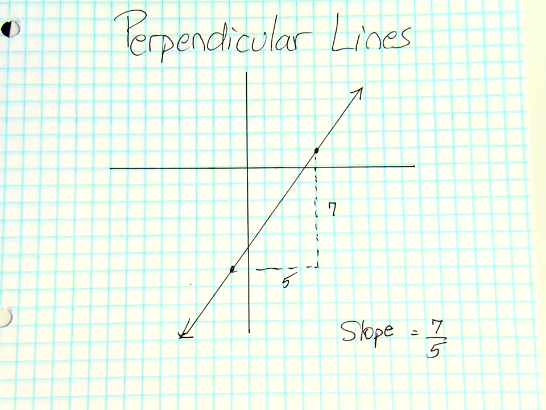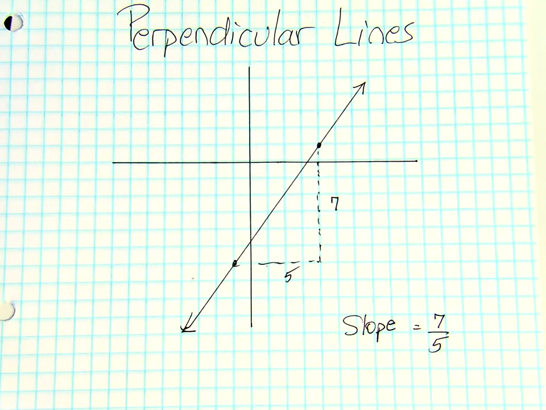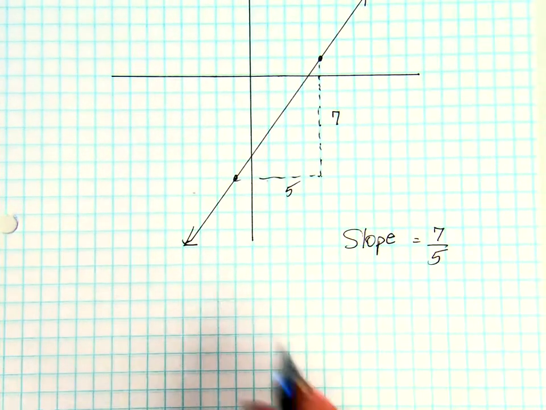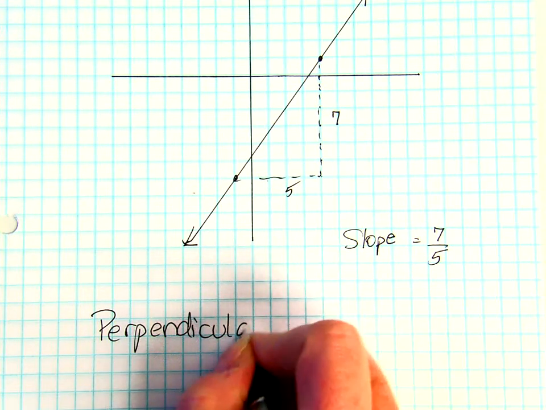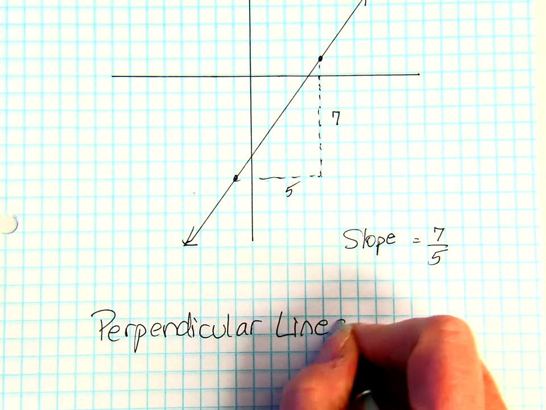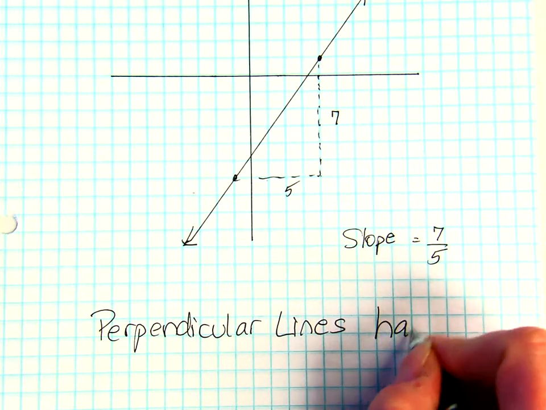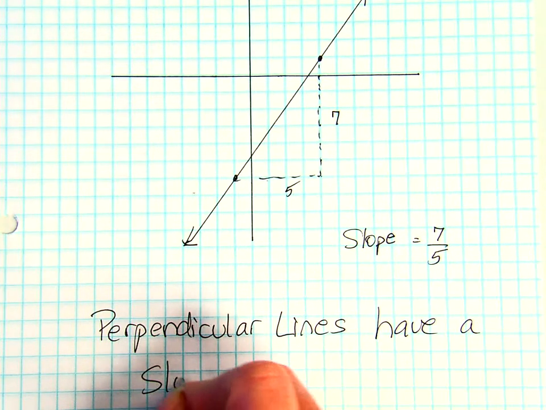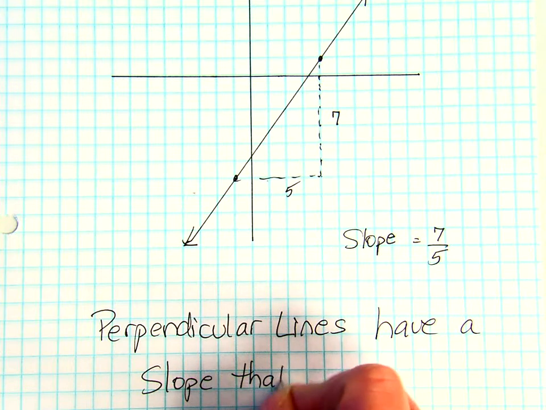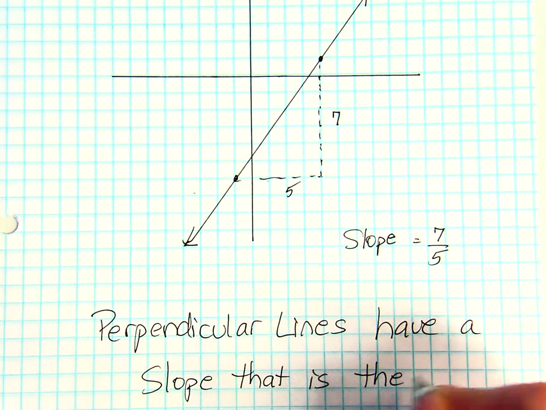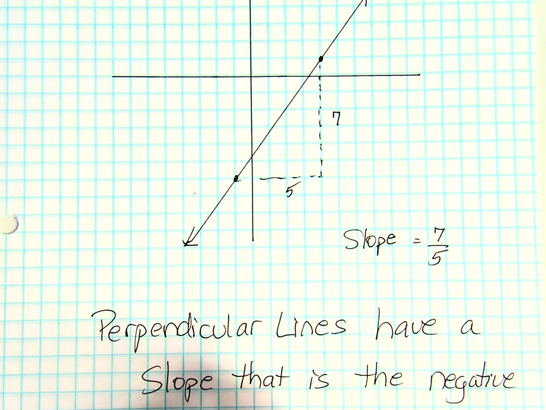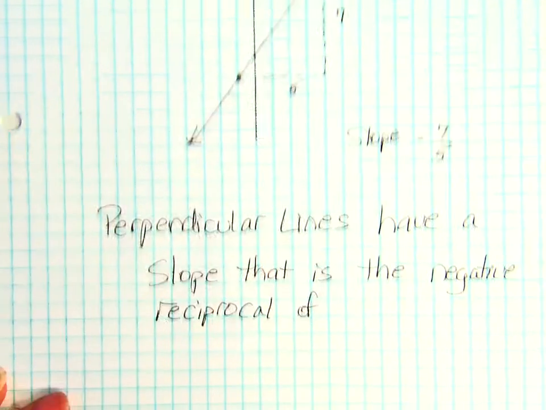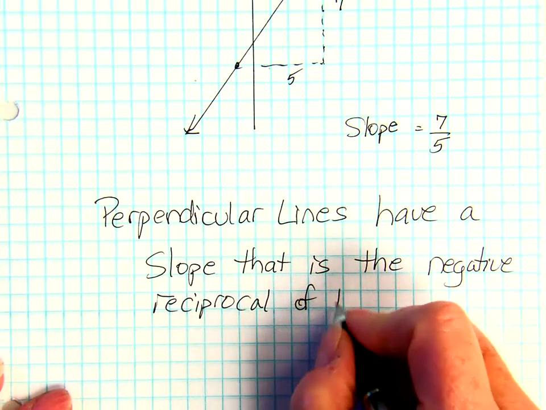Now, all we need to know for perpendicular lines is that perpendicular lines have a slope that is the negative reciprocal of the original slope.